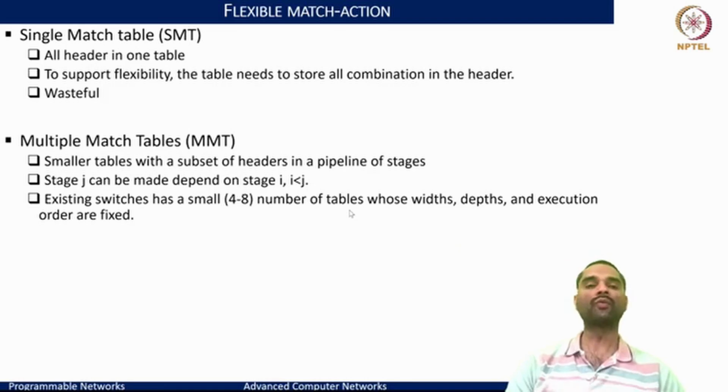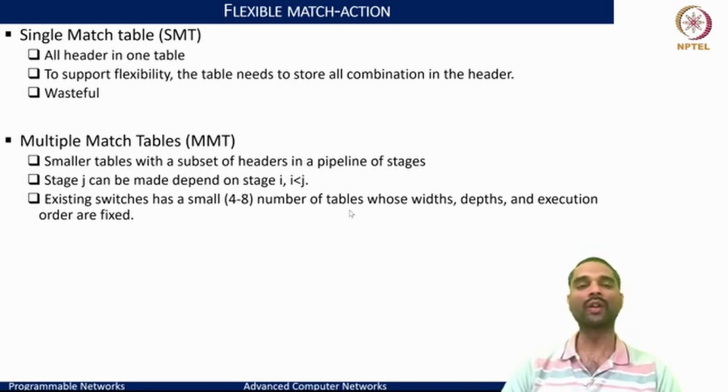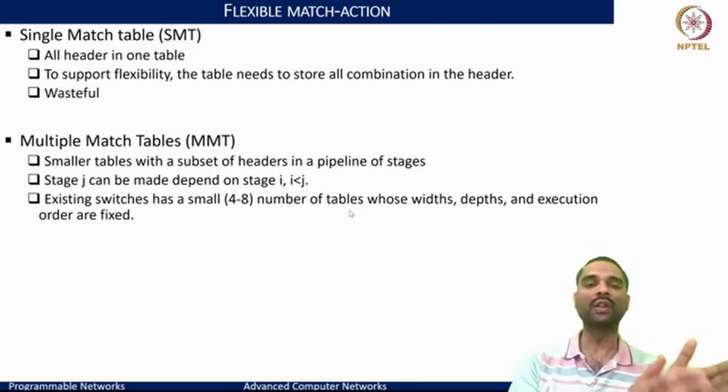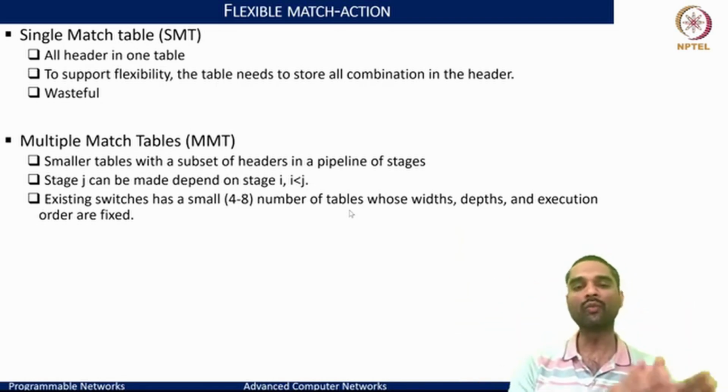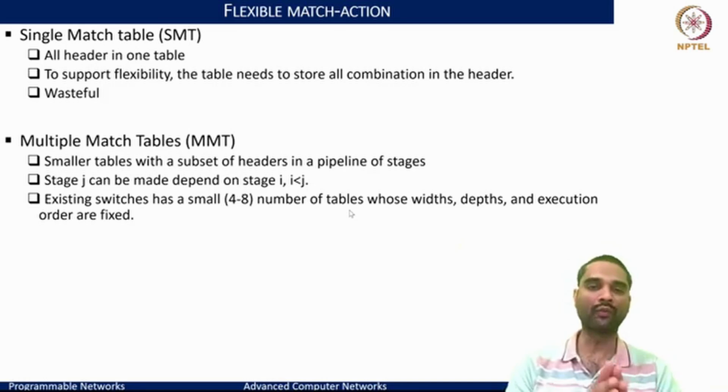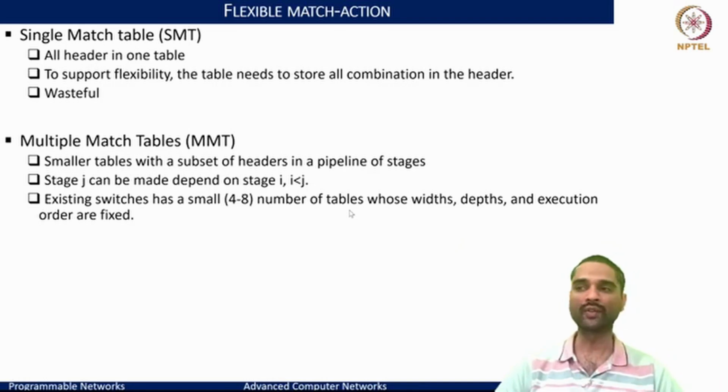And alternatives grew as the match action mechanisms became much more efficient, providing what we call multiple match tables, where you had a smaller subset of headers that were being parsed and matched in different tables. So you had multiple, smaller tables compared to one big table, and each table would match on a set of header fields.